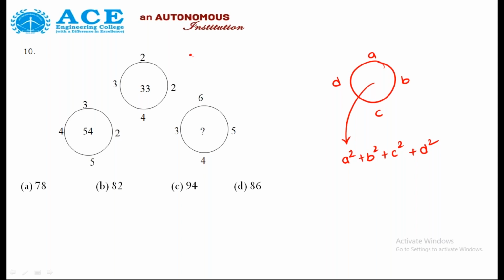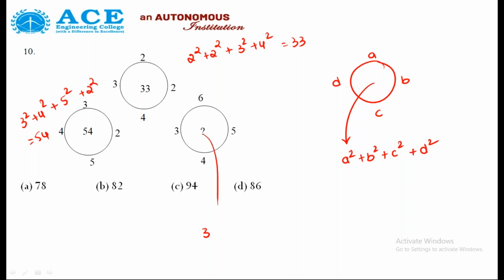Here, if you observe, 2 square plus 2 square plus 3 square plus 4 square. Adding all, we got 33 actually. Here 3 square, 4 square, 25, 5 square, 25, 50, plus 2 square, we'll get 54 altogether.